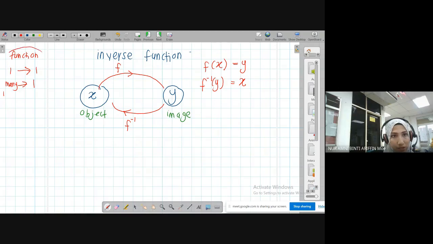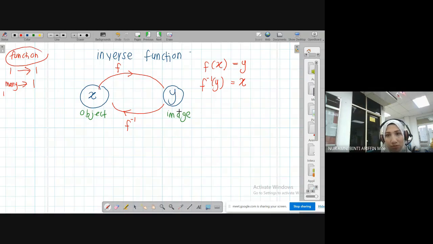This is for the function. But for inverse function, you kena faham it only has one to one, image one and then object one. So ini yang kamu kena faham. For fx, the object, and then the image is y.